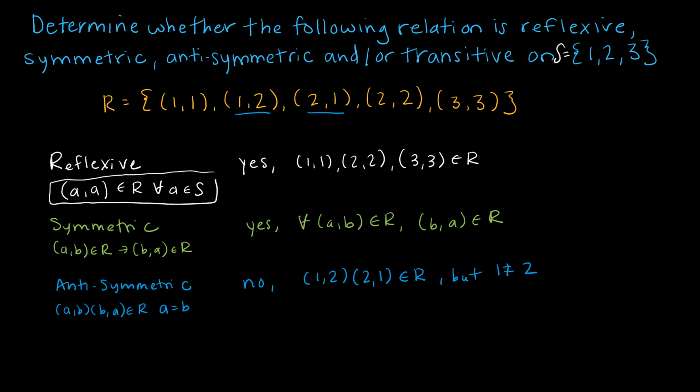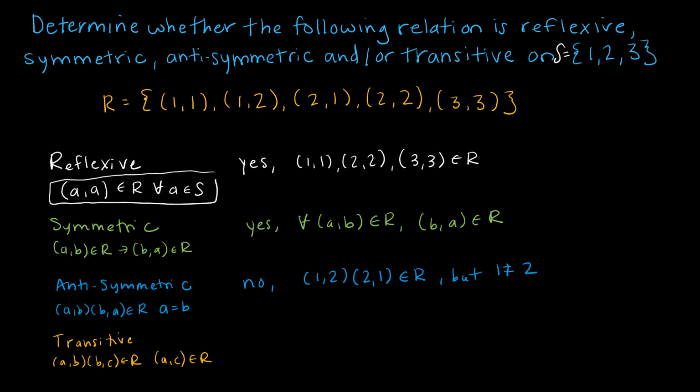And then for the last one, the transitive property, this is the least fun to check. The transitive property says if A comma B and B comma C are in the relation, then A comma C is also in the relation. And so really I've got to check this one just the long way. So let's give it a try.